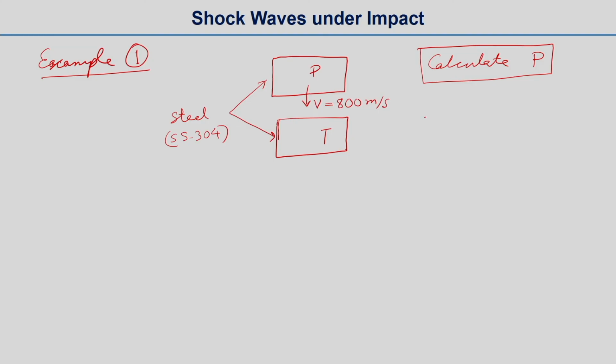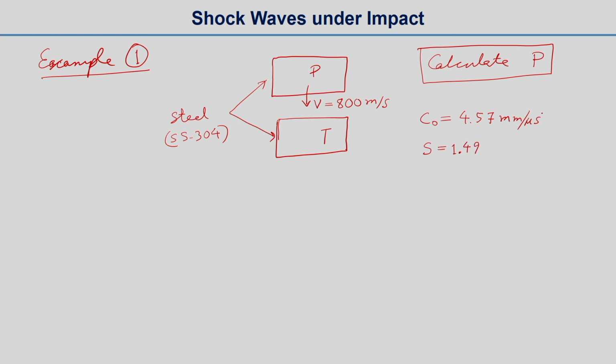This is our goal, calculate the pressure P, and we need the properties. We need the shock parameters for the equation of state, C naught and S. C naught is 4.57 millimeter per microsecond and S is 1.49.